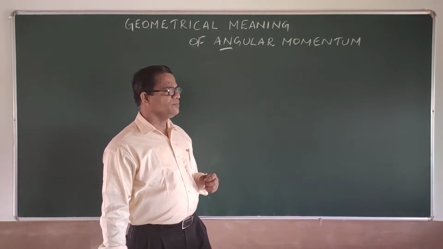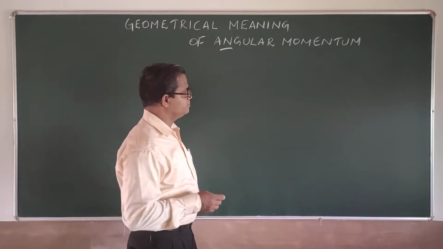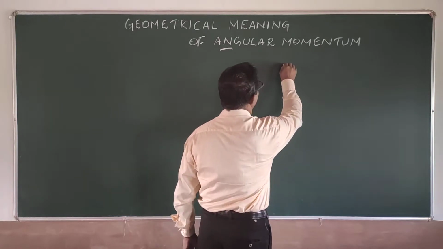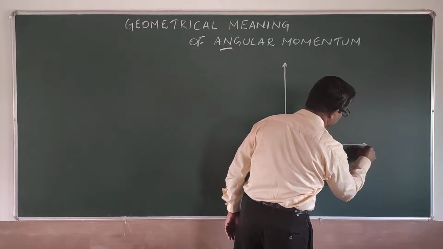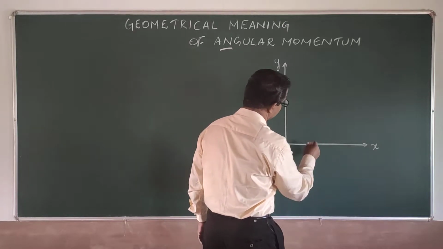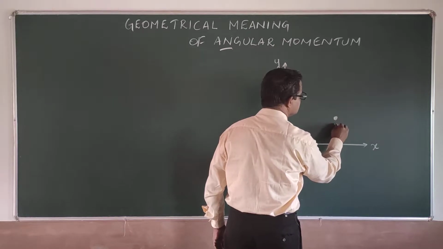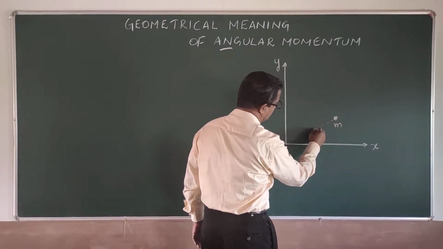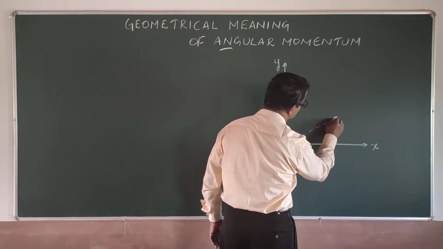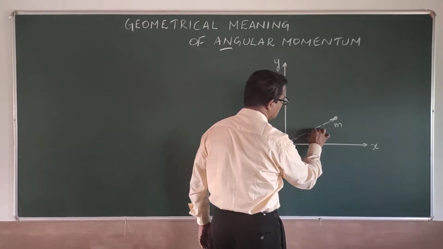Now suppose I consider a body of mass m which is moving in the xy plane. Suppose this is the plane in which the body is moving, and initially the body of mass m is at this place, and the position vector of that can be taken as this one, and let that position vector be r.